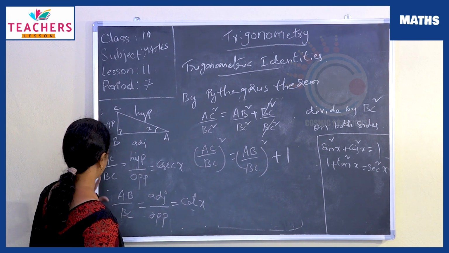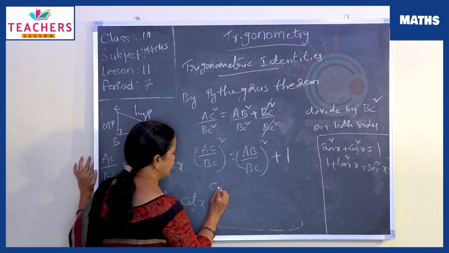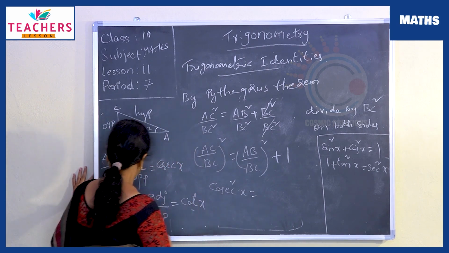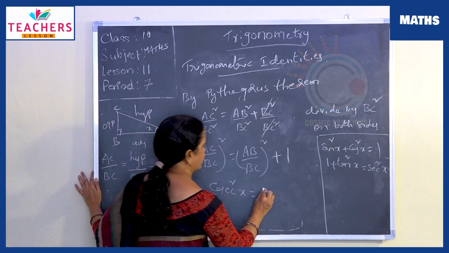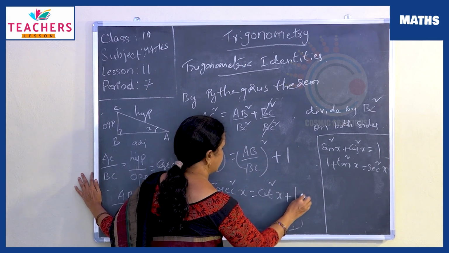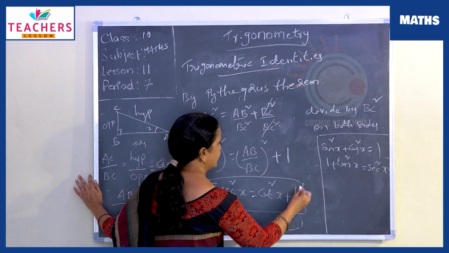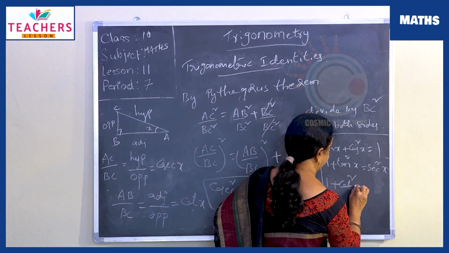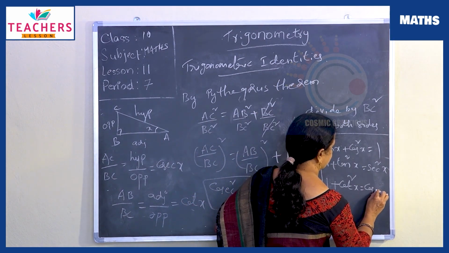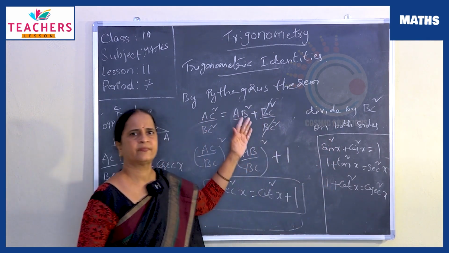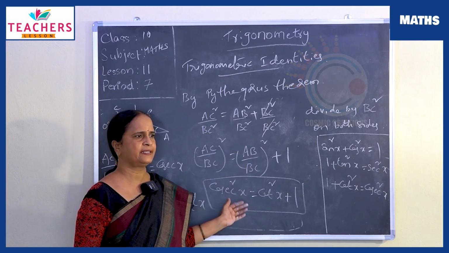So cosecant square x is equal to cot square x plus 1. This is the third identity. Shall I write here: 1 plus cot square x is equal to cosec square x. These are the three identities.